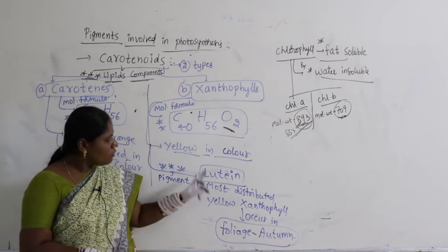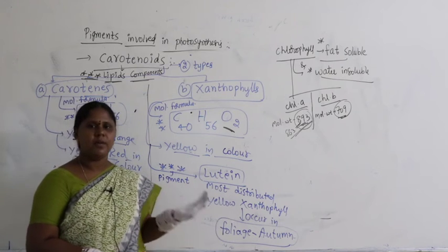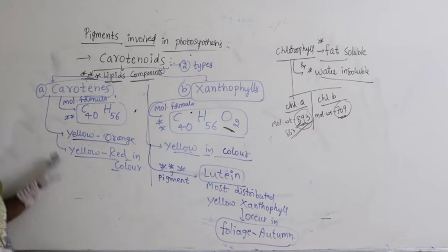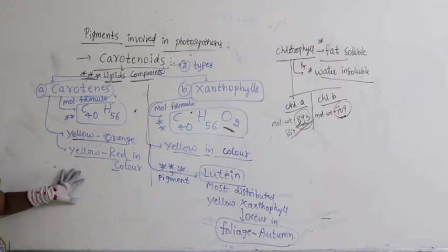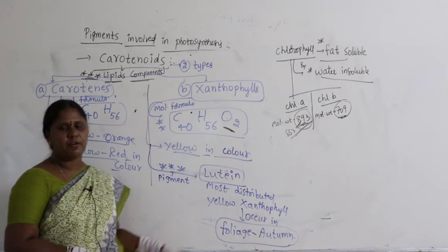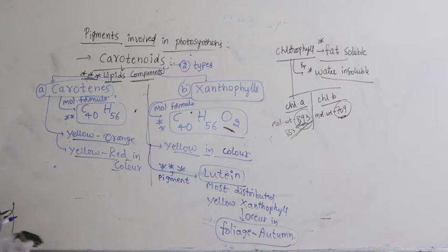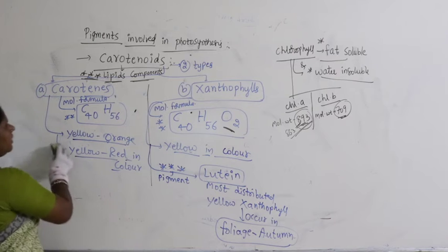Foliage leaves, like in Cycas we studied in the plant kingdom, are yellow in autumn season because of the most distributed xanthophyll, called lutein. Very important to remember. Carotenes we find in red algae and brown algae, and xanthophylls are generally found in Xanthophyceae. So these are the most important pigments.